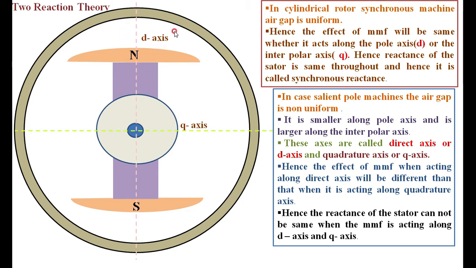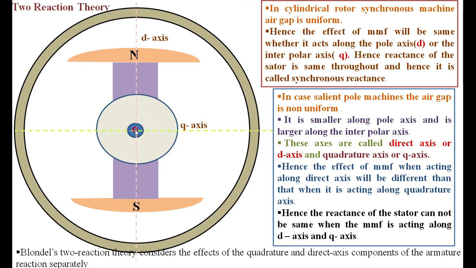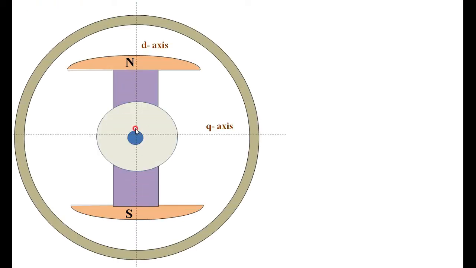The pole axis is called the d-axis. Then one more thing: we know that the main flux is acting along the d-axis. That I am explaining here. At the same time, we know that the induced voltage, because of the main flux, lags the main flux by an angle of 90 degrees.